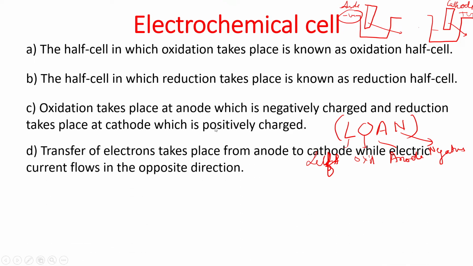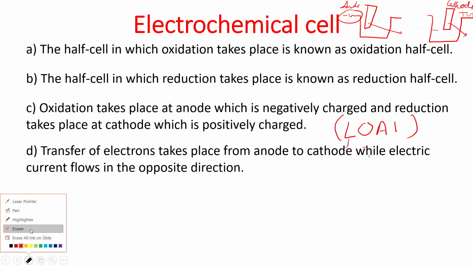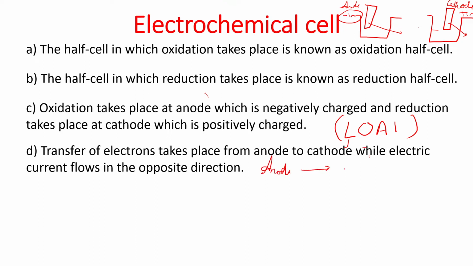Okay. Transfer of electrons takes place from anode to cathode. Since on the anode there is oxidation, electrons are released.